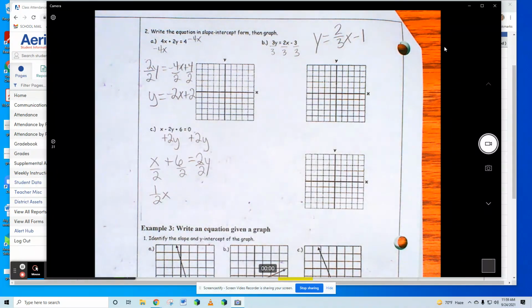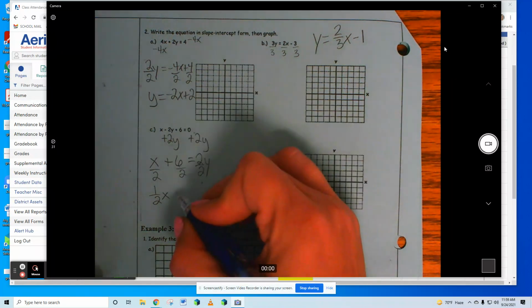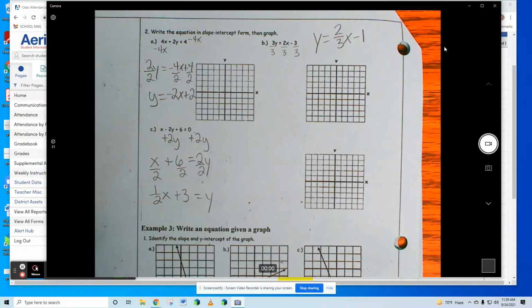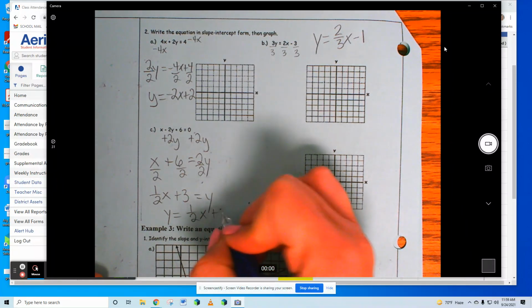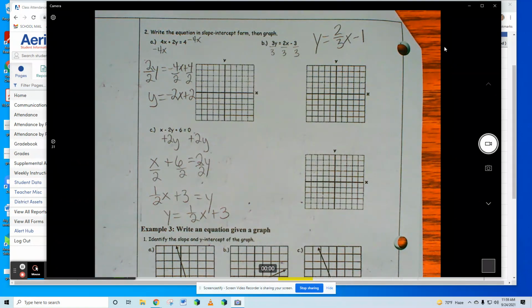Well, now you do. Plus 3 equals y. Exactly. Good. So I wrote the equation in slope-intercept form. Your job is to graph these three. Let me stop the video.